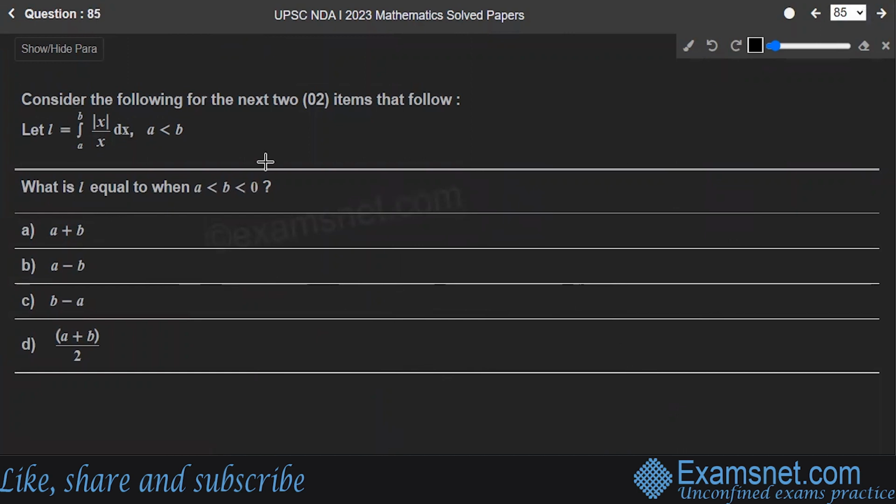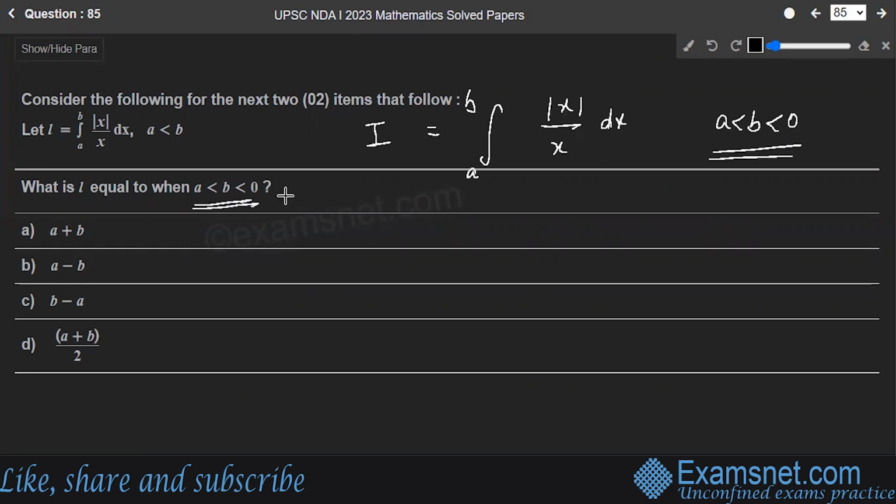So same question, what is L equal to when b lies between a and 0? All right. So integral was equal to limits a to b of mod of x upon x dx. This is the question, right? Now the new thing is that b lies between a and 0. That means everything is less than 0.